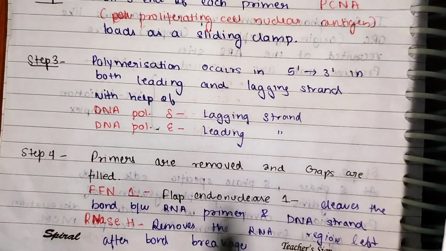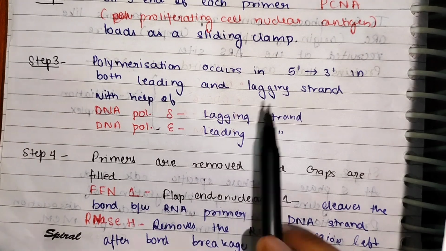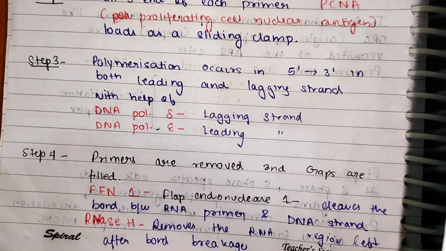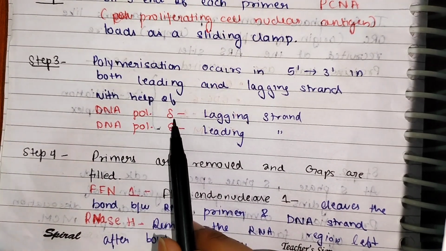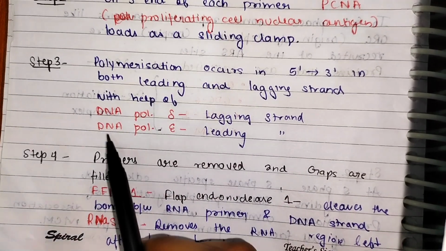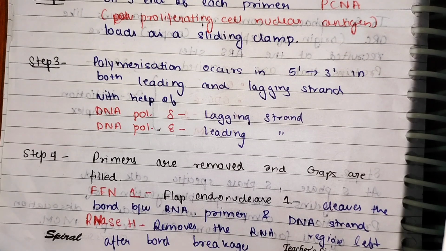In step 3, the polymerization will occur in the 5' to 3' direction in both the lagging as well as the leading strands. Now, in the lagging strand, DNA polymerase delta will perform the polymerization activity, whereas in the leading strand, DNA polymerase epsilon will perform the polymerization activity.